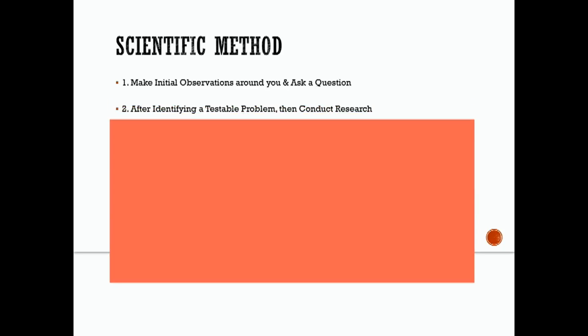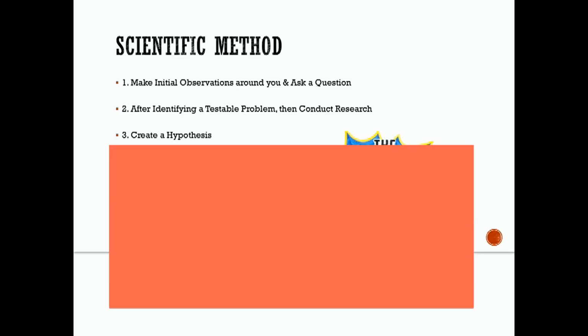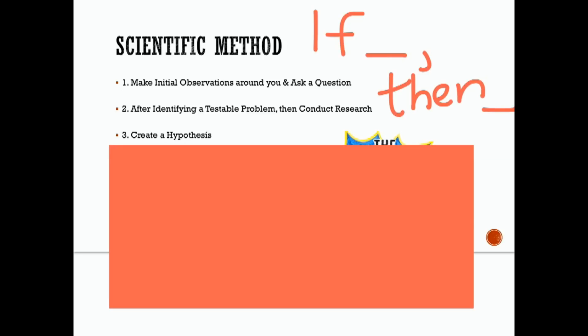And then number 2, so after identifying a testable problem, then conduct research, okay? Get online, look some stuff up. And then number 3, create a hypothesis. And a hypothesis is often put in an if-then statement, okay? So if blank, comma, then blank, okay?